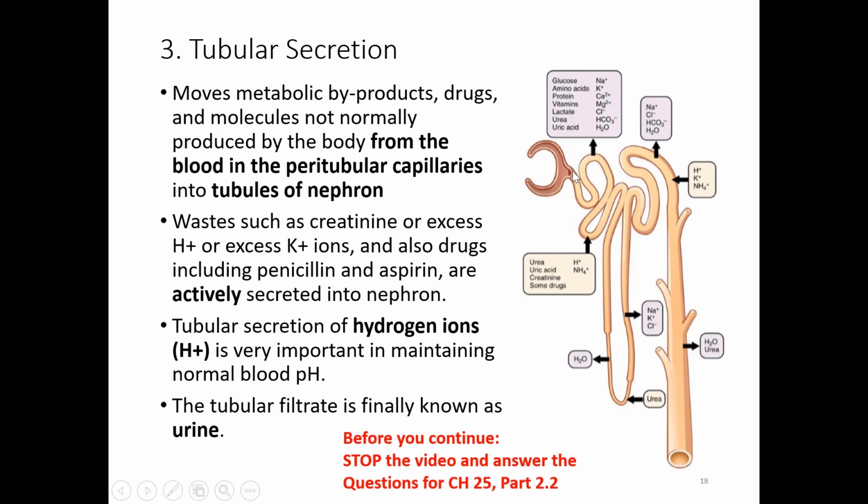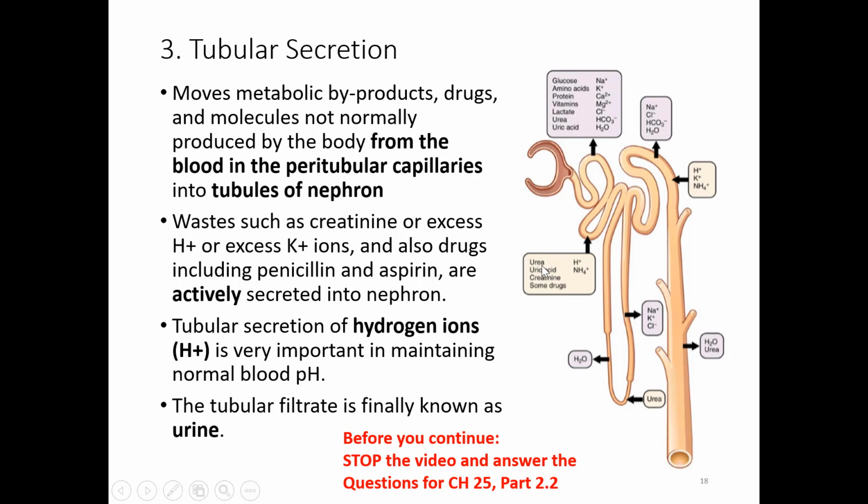Tubular secretion happens all over the tubules of the nephron, and it moves metabolic byproducts, different drugs, and molecules that are not normally produced by the body from the blood in the peritubular capillaries into the tubules of the nephron.